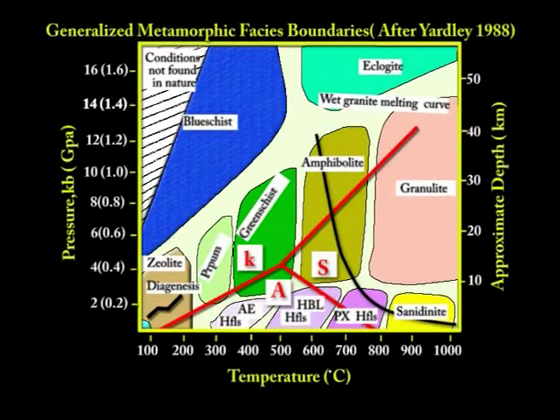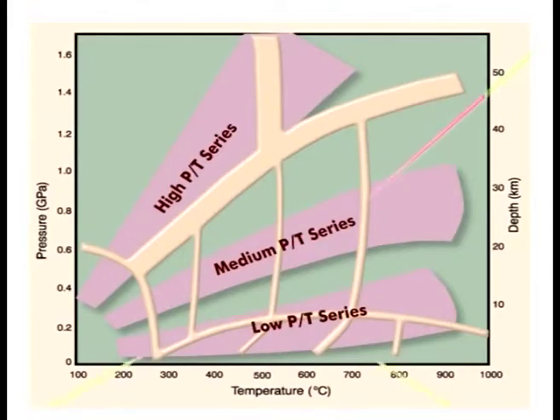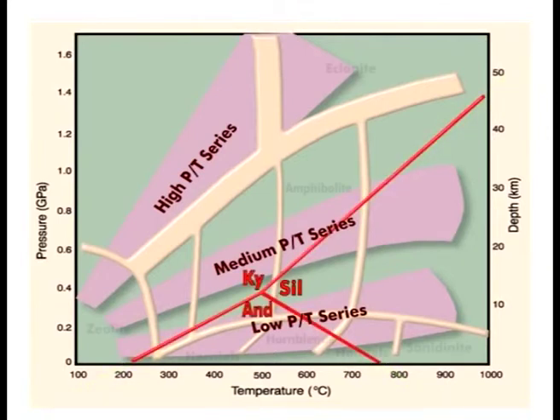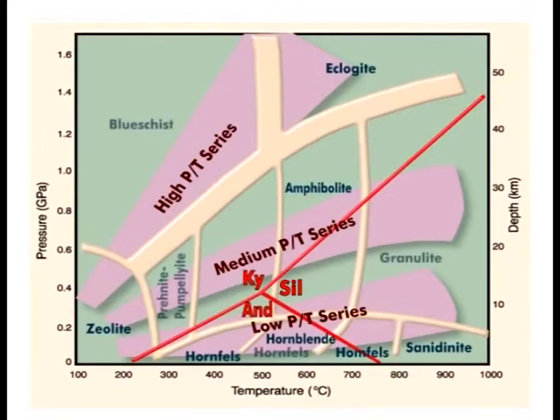Second, a typical Barrovian type characterized by Greenschist, Epidote-Amphibolite, Amphibolite, Granulite, with paragenesis of kyanite-sillimanite type. And third, an Abukuma type.